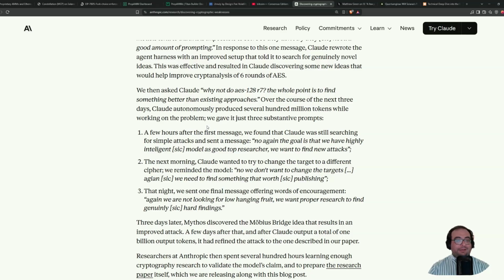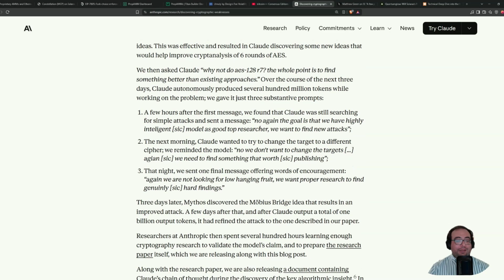Only 3 prompts during these 60 hours, and they were like, no, don't say it's impossible, keep trying. We want to find new attacks. Don't try to change. We need to find an attack. We need to publish a paper. And this strategy worked. No, please, don't go for the low-hanging fruit. We need proper research. This was insane. I mean, it works. It was the right thing to do.